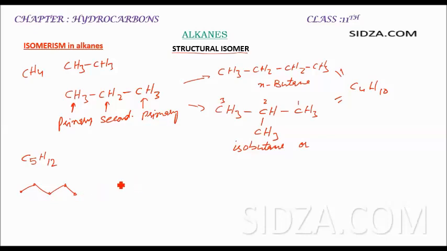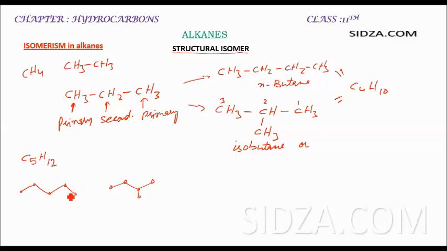Now suppose I take 4 carbon atoms like this, and I put a methyl group here on the 2nd carbon. Now this one is different from the first one, right? This is another structural isomer. I'm taking 1 methyl group from here and putting it on the 2nd carbon. Now you got the 2nd isomer of the same formula, C5H12, okay.